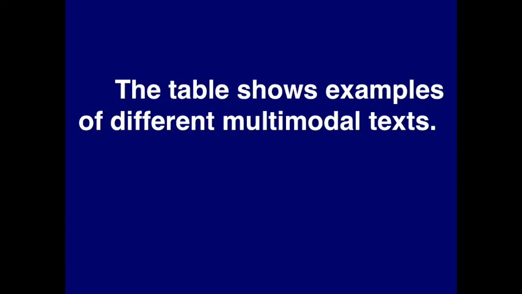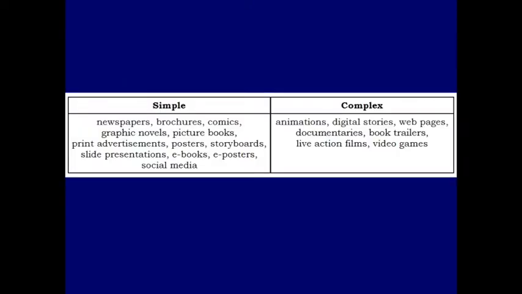The table shows examples of different multimodal texts. We have simple and complex. Simple, we have newspapers, brochures, comics, graphic novels, picture books, print advertisements, posters, storyboards, slide presentations, e-books, e-posters, social media.